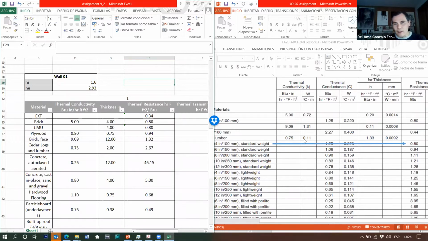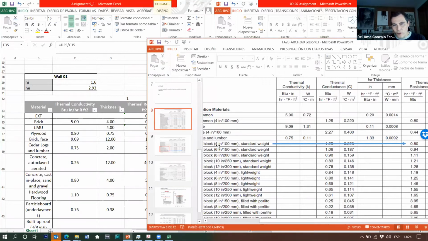Okay, so in this table, when we don't have thermal conductivity, we cannot apply the formula we applied here, thickness divided by thermal conductivity. So here we have a 4-inch concrete masonry unit.